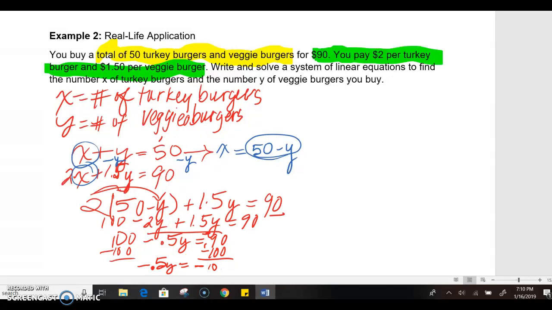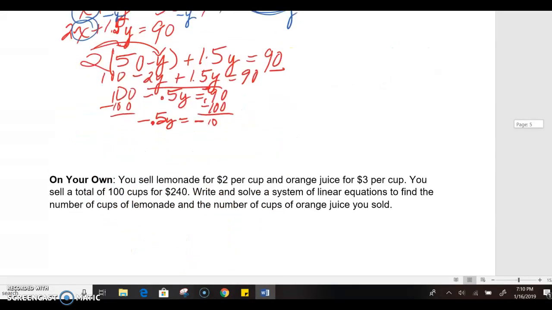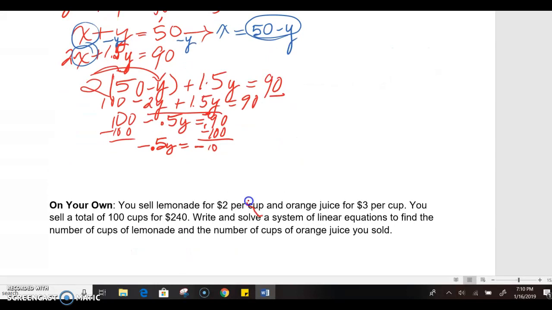Okay, I'm going to scoot my paper up a little bit so I have more room to work, because my last step is to divide by negative 0.5 on both sides. So y equals, and a negative divided by a negative is a positive. Let your calculator help you with 10 divided by 0.5, which in this case is 20, I believe.